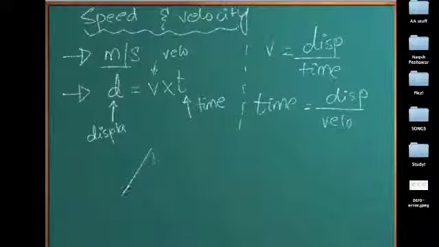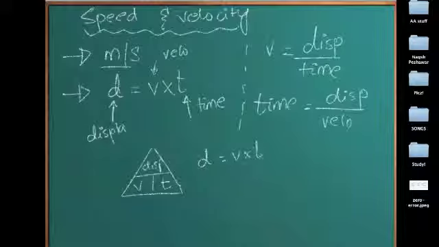Sometimes people make this triangle. Remember this formula. Displacement, velocity, and time. Cover the one that you want to find, and the rest would be given. For example, if you want to find displacement, just cover this one. This will give you velocity times time.